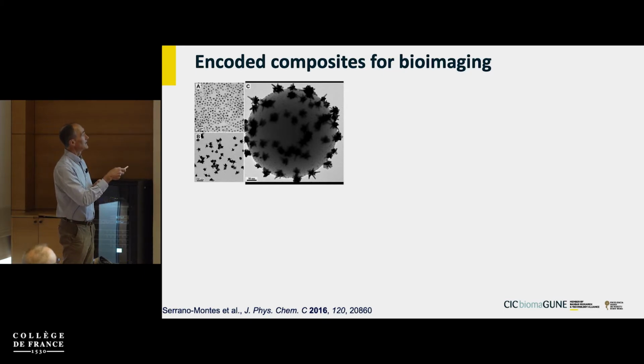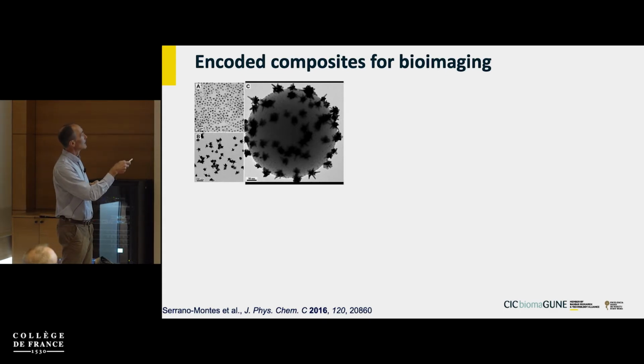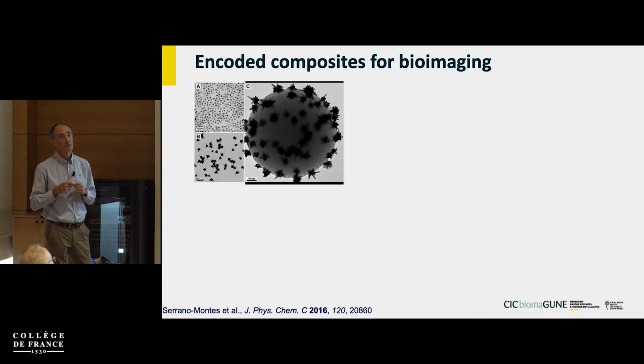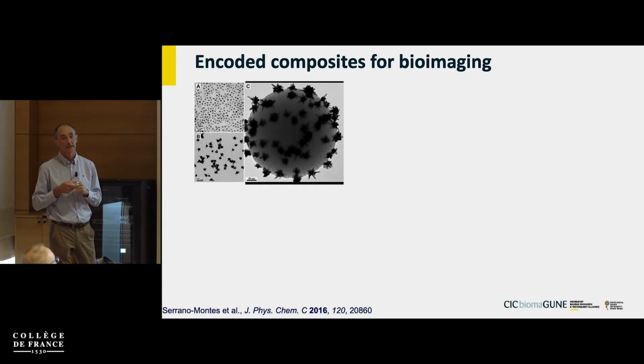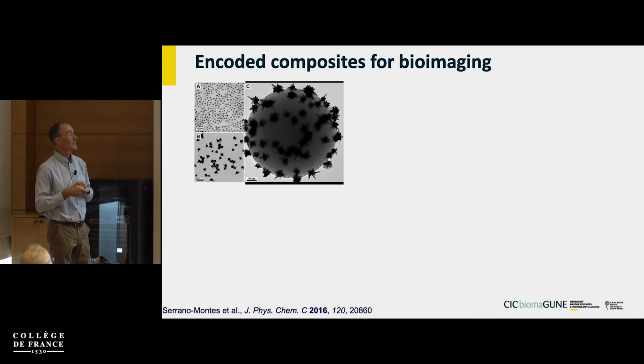And then by playing around with the surface chemistry of these particles, which have amine groups, we can attach very tiny gold particles, which are covered by molecules that will facilitate internalization in cells, and in this case, gold nanostars, which are encoded also with Raman reporters, and will provide the Raman signal.